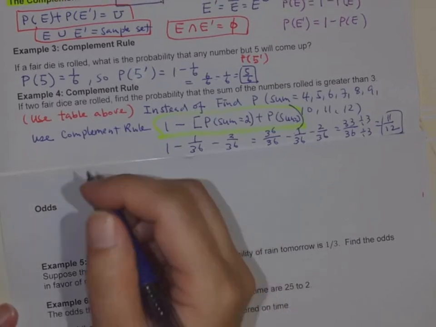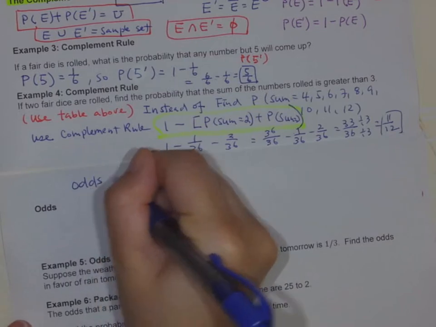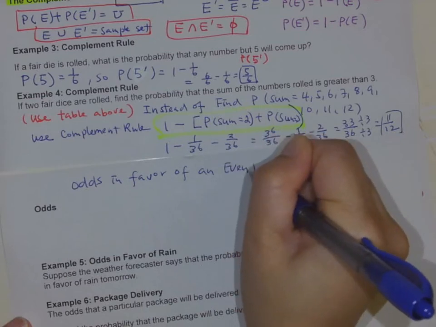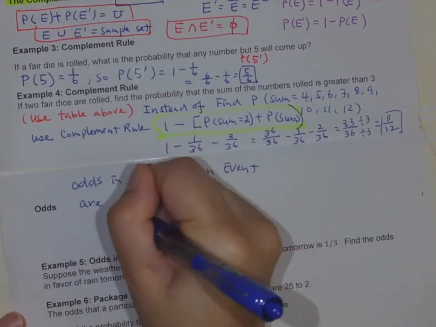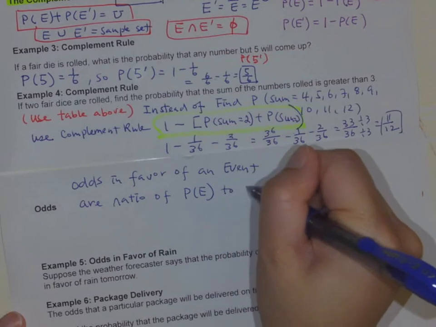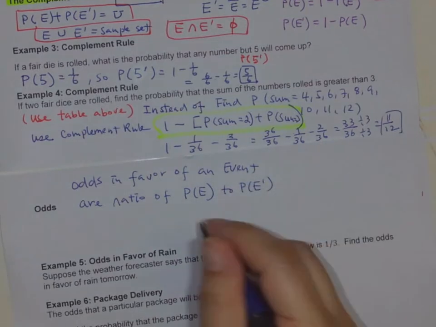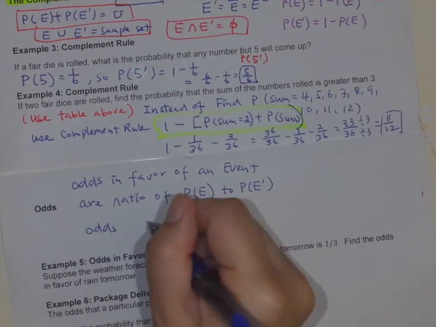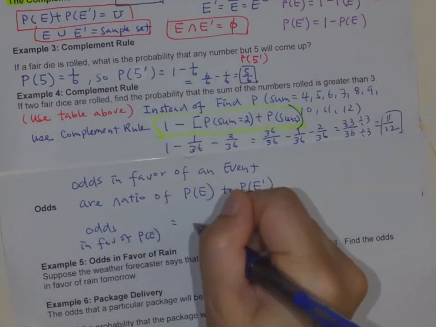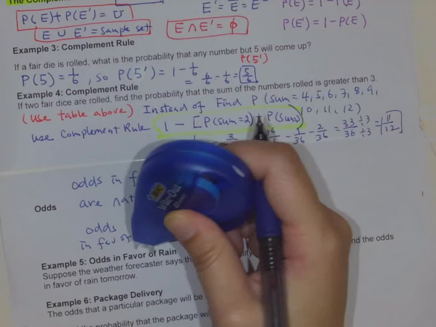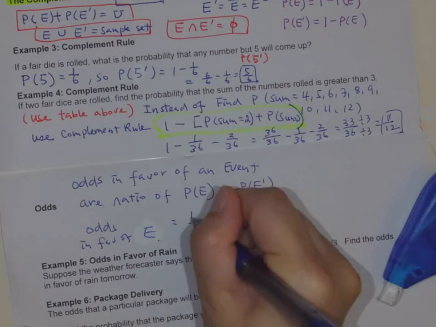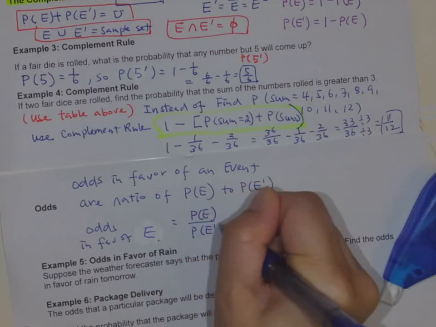One is odds in favor of an event, which will be the ratio of P of E to P of not E. So the odds in favor of an event E would be probability of E over probability of not E.